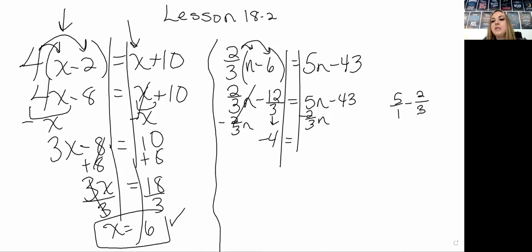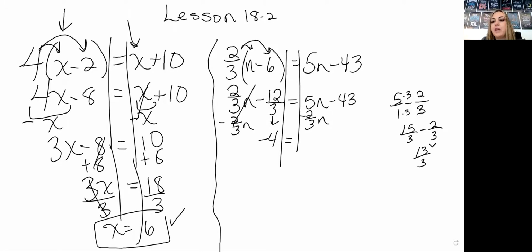So we need common denominators before we can subtract. And that means I can just multiply 5, excuse me, times 3/3, which is the same as 1. So I'm not changing the value. And I'm just going to rewrite that as 15/3. Now 15/3 minus 2/3, we can see is 13/3.